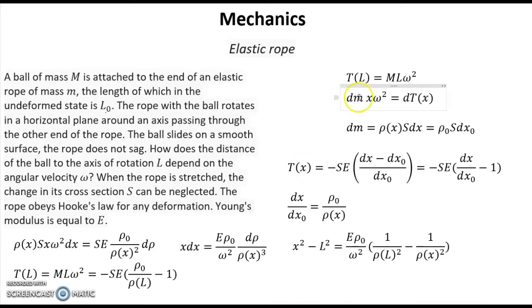From one hand it's M L omega square, this one, and using this formula, when we put rho 0 over rho, we will get this expression. And from this formula we can immediately find what rho is at point L and insert it in this formula. We will get the exact dependency of how rho depends on x.